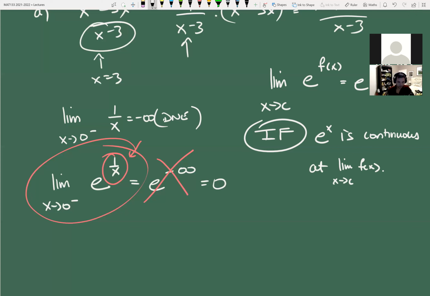So the outer function has to be continuous at whatever the inner function limits to. So if the inner function's limit doesn't exist, you actually can't take the limit inside in that case.